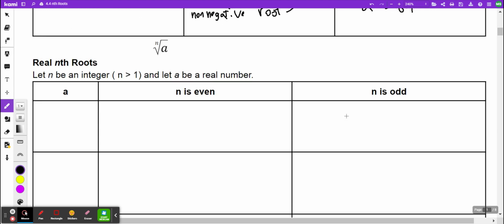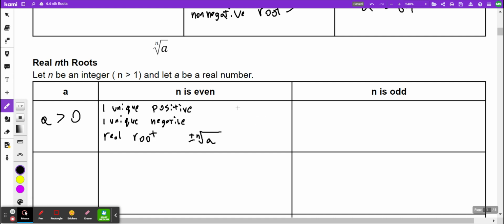So let's say we have this nth root of a. Let's pretend that n is an integer. It has to be bigger than 1, so like 2, 3, 4, 5, 6, whatever. We're going to say a is a real number. Keep it simple, okay? If a is bigger than 0, then it has one unique positive and one unique negative real root.